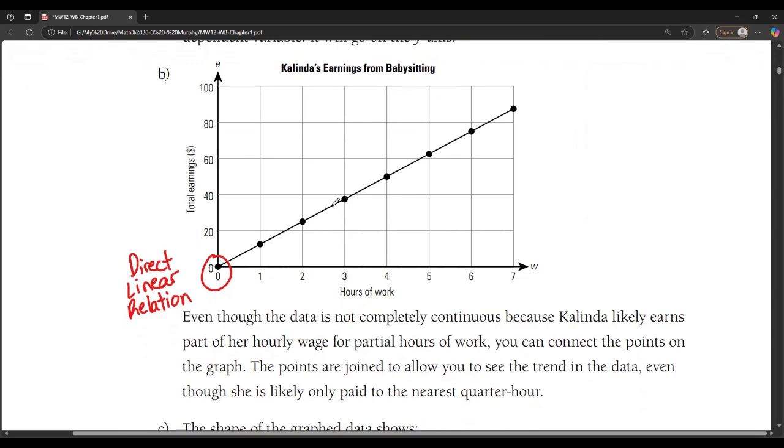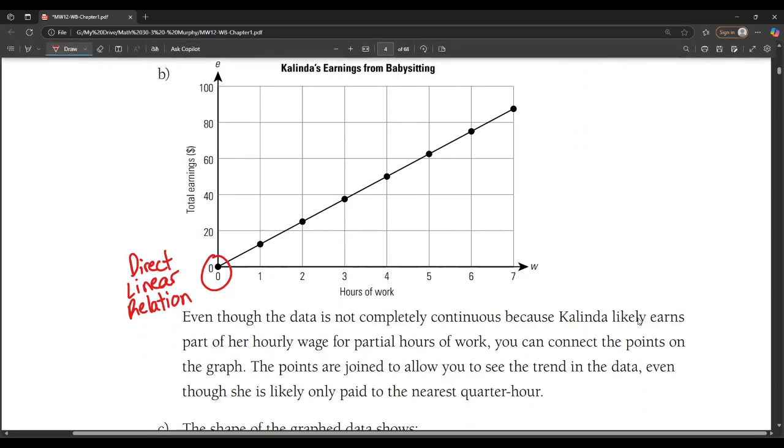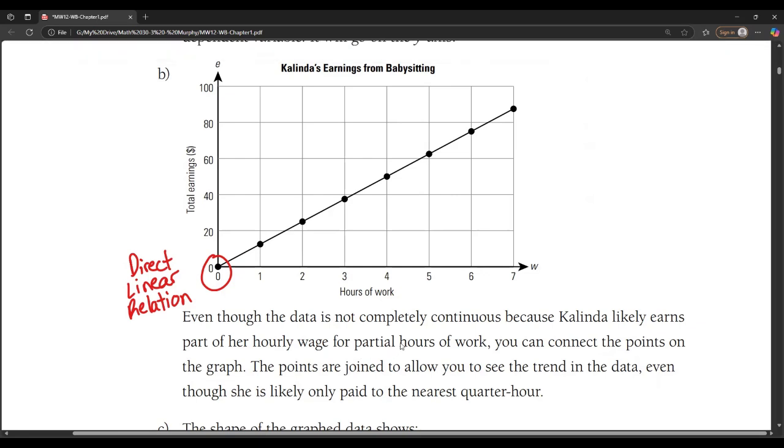We don't know that. However, Kalinda likely earns part of her hourly wage for partial hours of work, so you can still connect the dots on the graph. The points are joined to allow you to see the trend in the data, even though she is likely only paid to the nearest quarter hour. So it's fine.